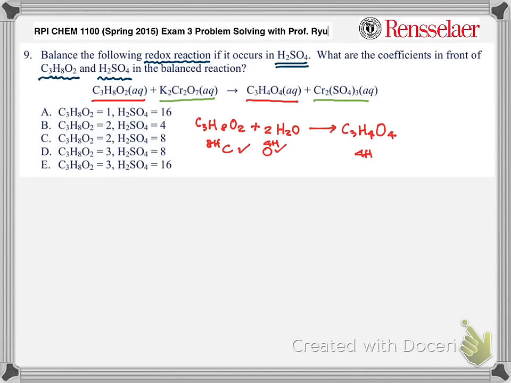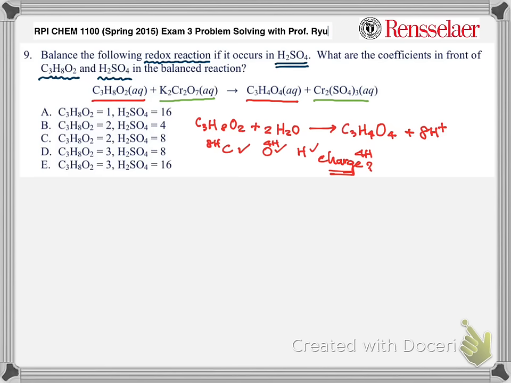To make up the difference, I need 8 hydrogens, but hydrogen in the form of H+. Remember, oxygen is balanced using H2O. Now the hydrogen is balanced using H+, because this is an acidic solution, H2SO4. And then the final thing to do is the charge.